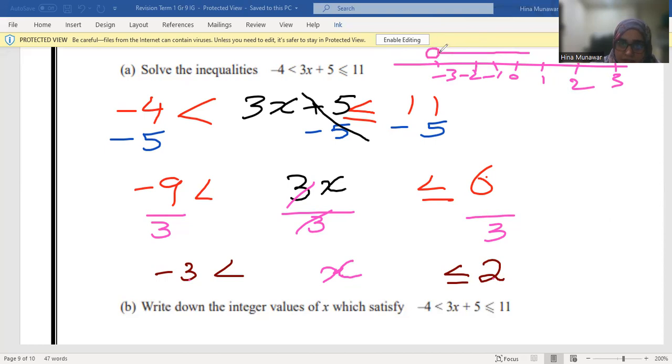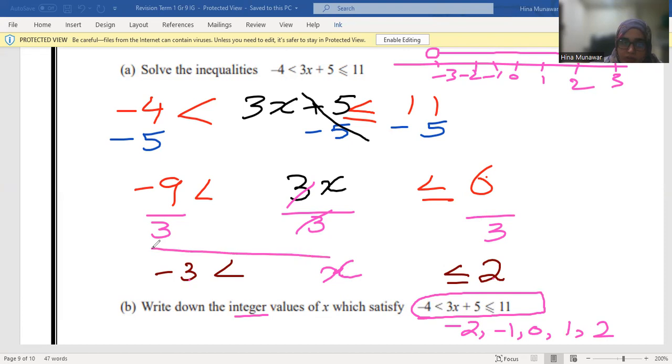And it's equal to +2, and +2 is included. And they said write integers, not decimal values in between, right? So you will write the numbers -2, -1, 0, 1, and 2. That is the answer for B part, because we have to write down the integer values of x.